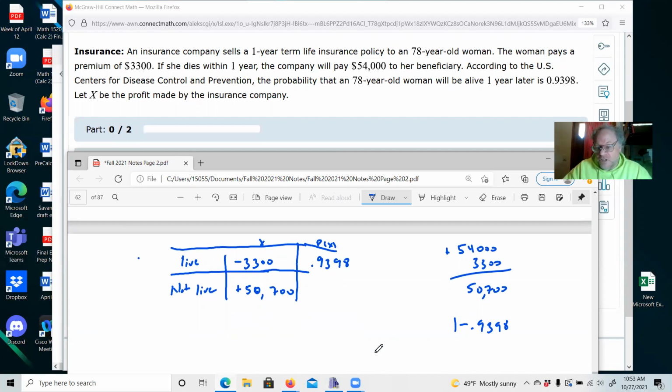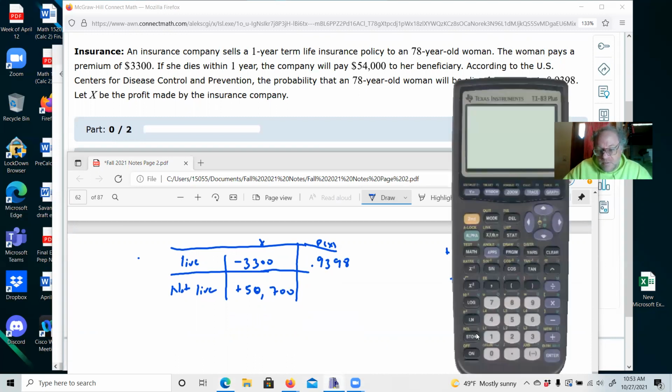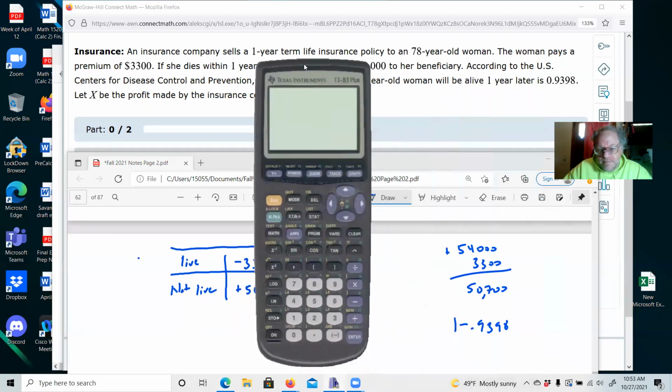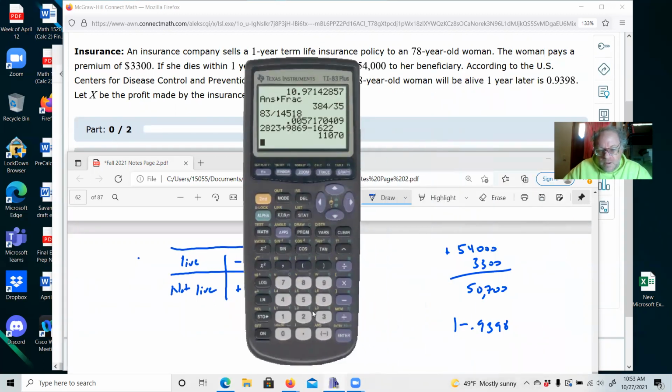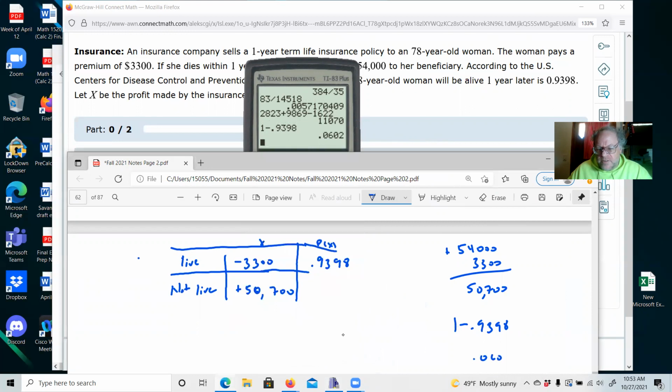You can plug that in the calculator: 1 minus 0.9398, and that was 0.0602. So she's got about a 6% chance to die. 0.0602.